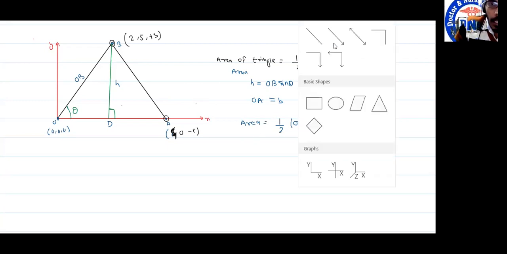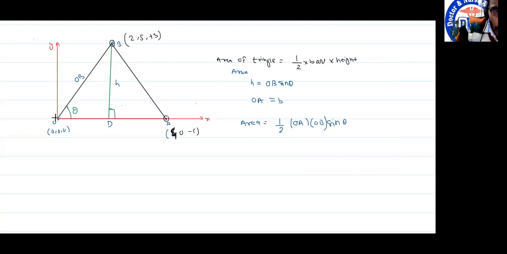If I tell you this is one vector from O to A, the vector OA. How can you write OA? You know the position of this point A, so this is the position vector.